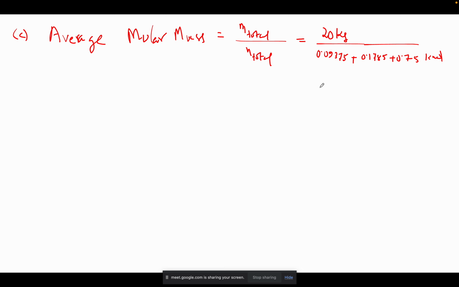So the answer will be in kg per kilomole. That is 20 divided by (0.09375 plus 0.1785 plus 0.75), so that will be 19.56 kg per kilomole.